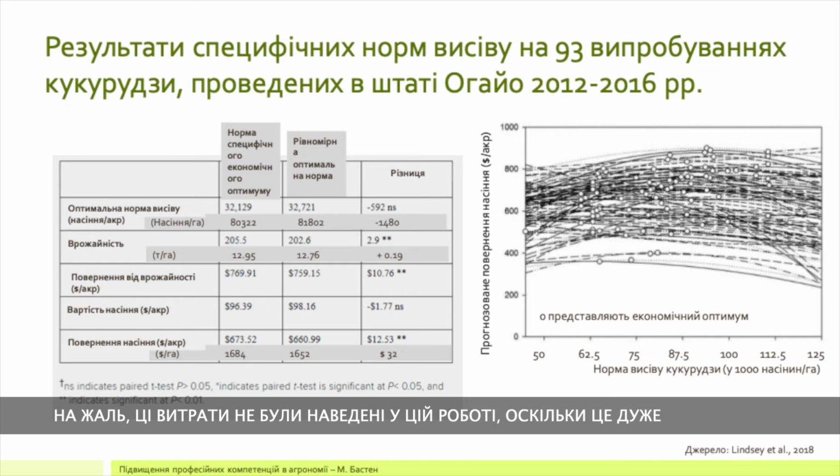And unfortunately, these costs were not given in this paper because it's very much research and they don't look at the cost so much. The question is unanswered whether this is a return on investment when we also consider the cost to compile the application map, the cost for the machinery, and the cost for the application.